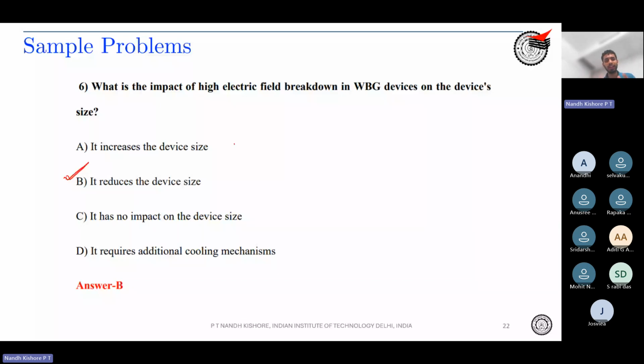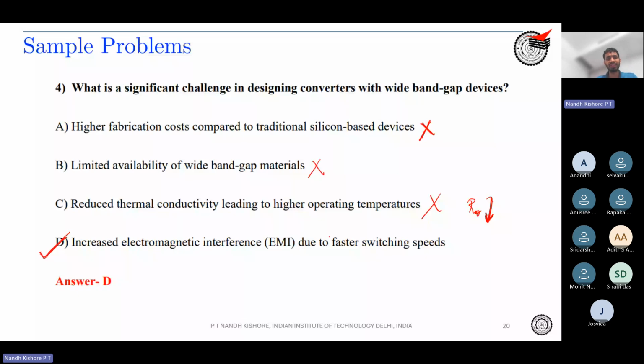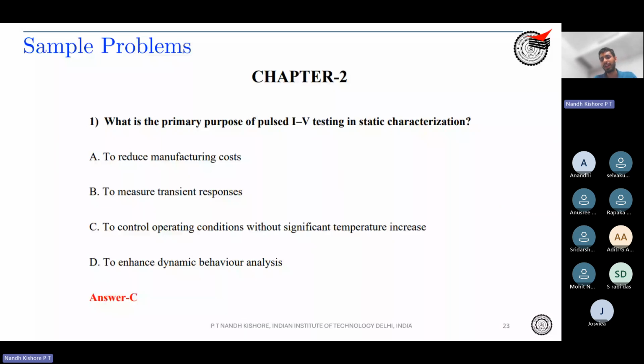So effectively the device size is going to reduce. Right. So far any doubts? These are mostly just theoretical questions, which I think you will be able to answer quite fluently at the end of this course.